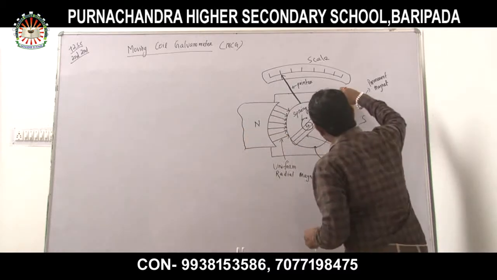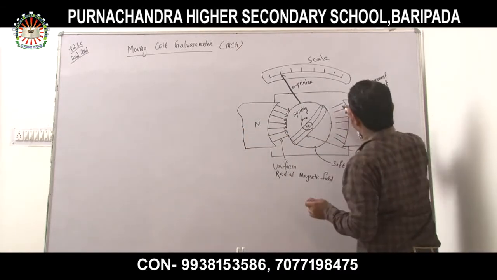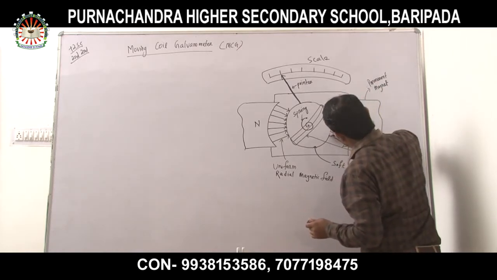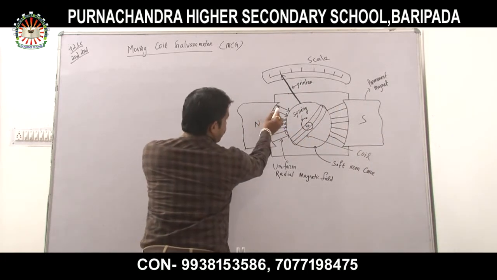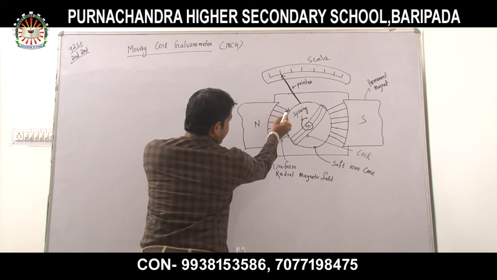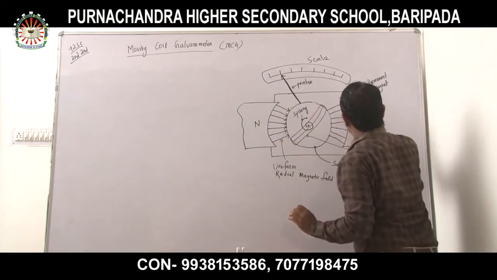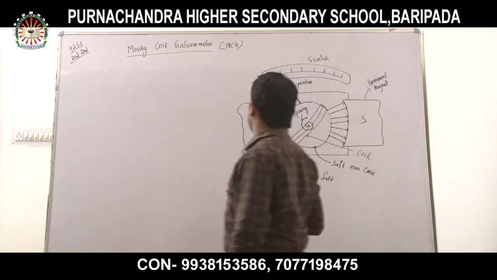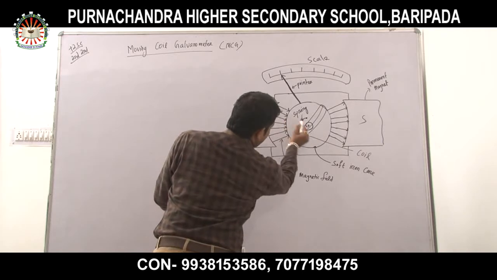I just want to make a small modification here. Look at it very carefully, then you can easily visualize that. From the North Pole, the magnetic field lines are generated, and they end at the South Pole, and these field lines are passing along the radius.